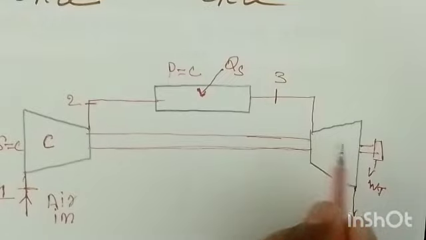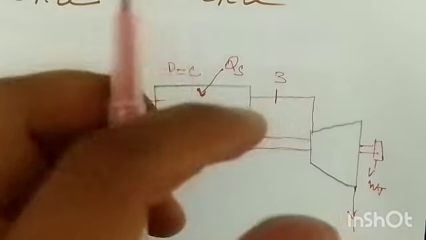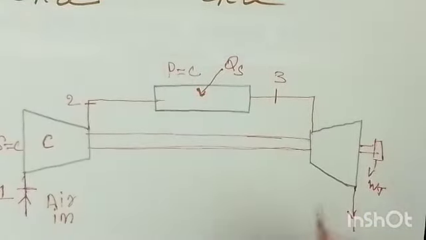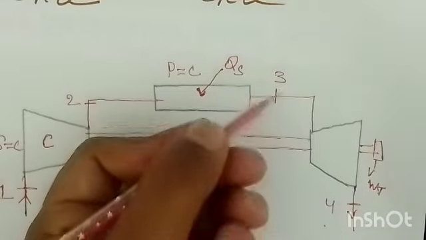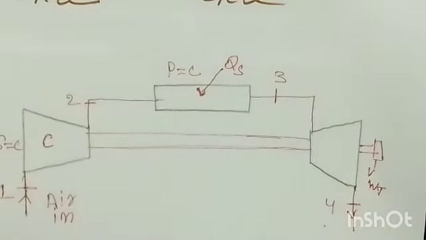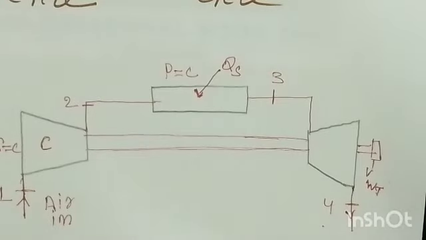After expansion, the pressure and temperature fall further, and become the state 4. The pressure and temperature will be P4 and T4, which are less than the previous values. Now, as it is an open cycle gas turbine, after expansion we release the exhaust gases to the open atmosphere.